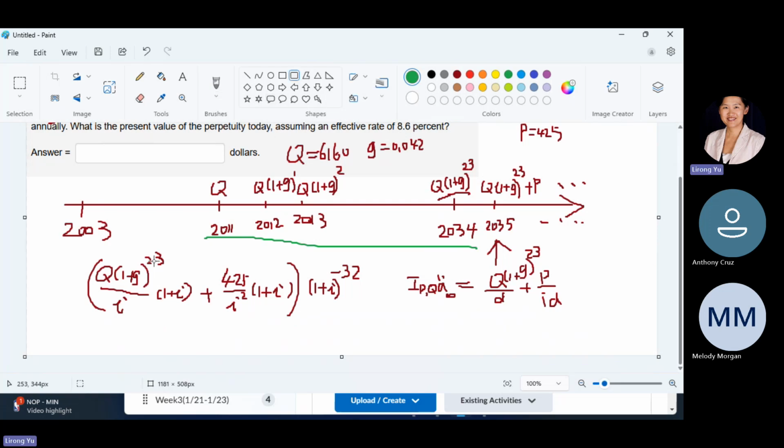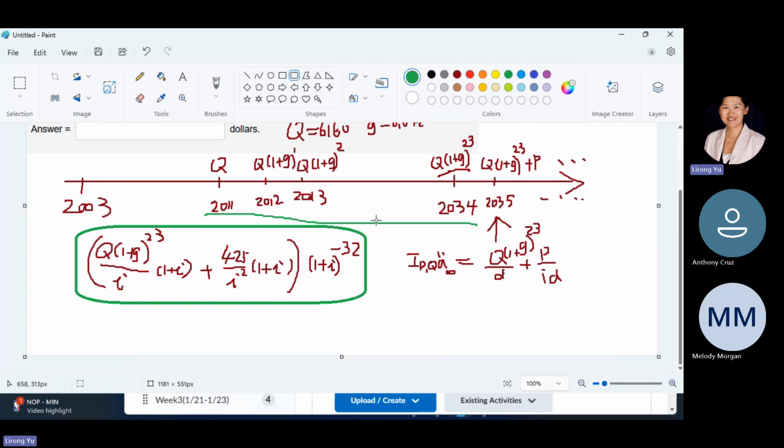So far, this is the first half of the calculation, and for the second half we would do the discount process. We can find its value at time 2011. It would be Q plus Q times 1 plus G times v, discounting this value back to this time, and then Q times 1 plus G squared times v squared.